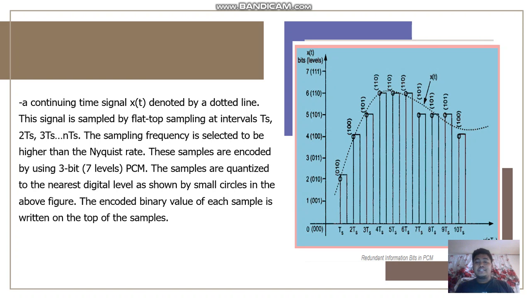The sampling frequency is selected to be higher than the requisite rate. The samples are encoded using 3-bit, 7-level PCM. The samples are quantized to the nearest digital level as shown by small circles in the above figure. The encoded binary value of each sample is written on top of the sample.